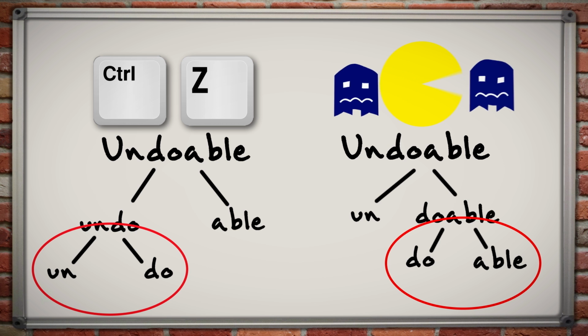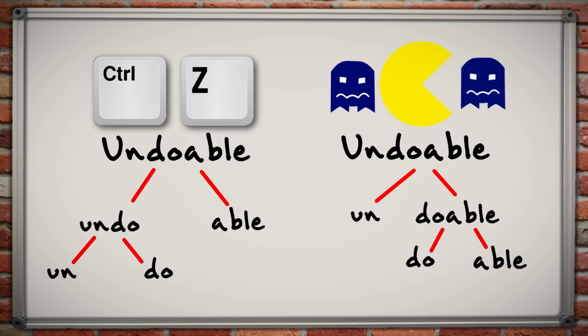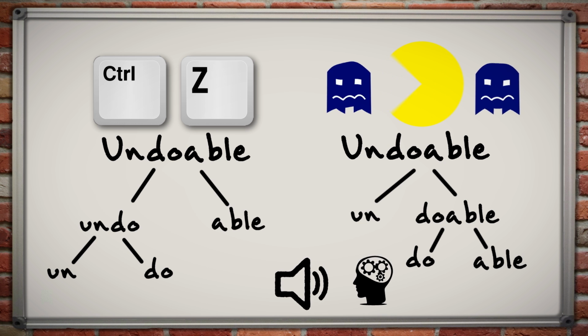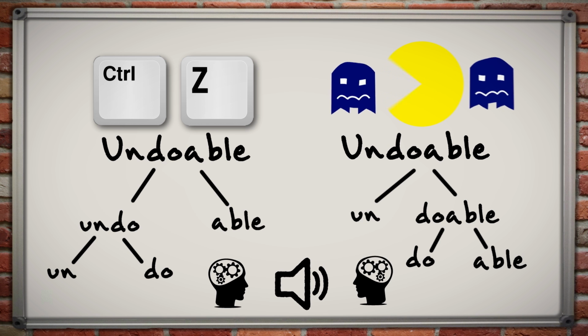We call this type of ambiguity a structural ambiguity. It's an ambiguity because the same form has 2 meanings, and it's a structural ambiguity because the 2 meanings come about by the way the combination of morphemes is structured.